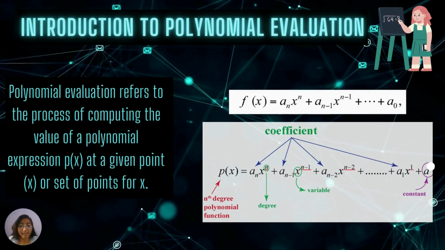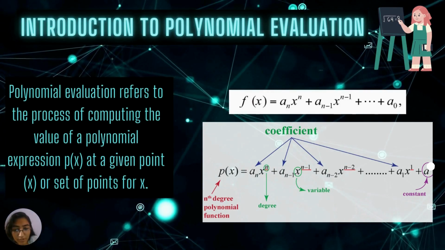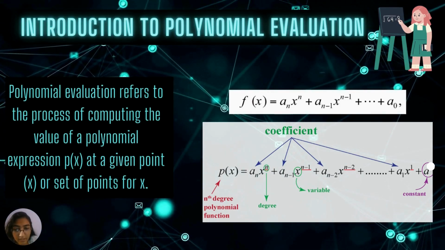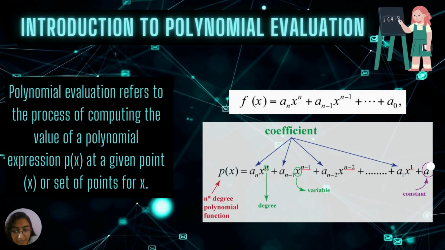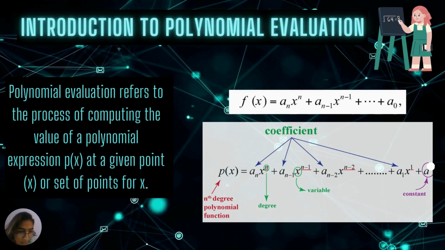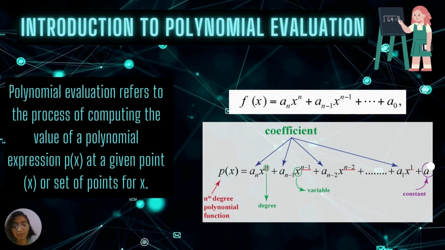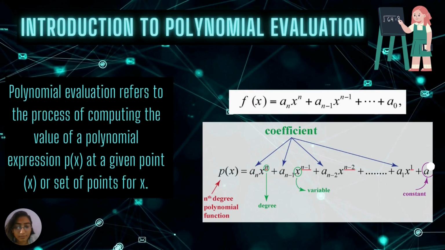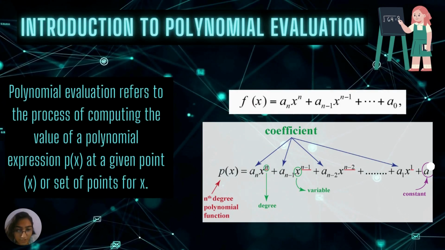As in this diagram we can see what the coefficients are, what the degree is, and what the variable is. So a_{n-1}, a_{n-2}, up to a naught or a 0, whatever you want to call it, these are called coefficients.